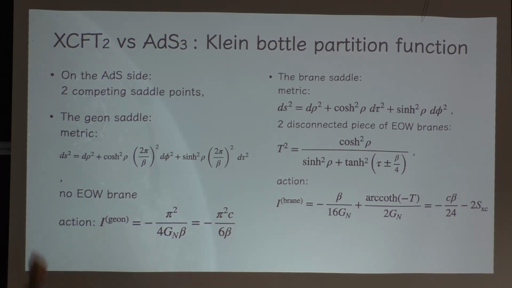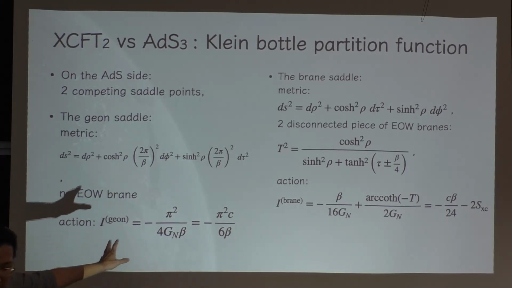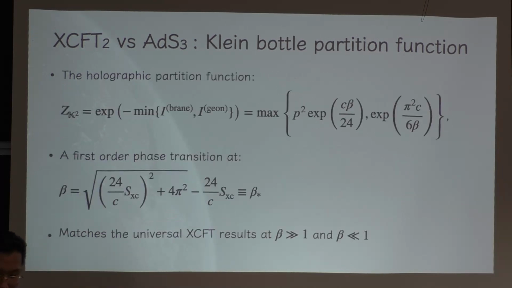On the other hand, you have another saddle point where you have another metric and two disconnected pieces of the end-of-the-world brane. You can also compute the action coming from that saddle point. Then the whole holographic partition function is given by a competition between those two saddle points, where there's a Hawking-Page transition at a specific temperature.